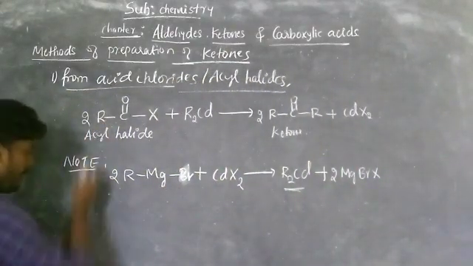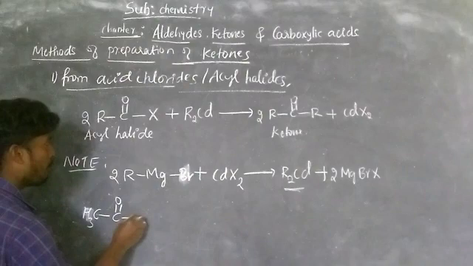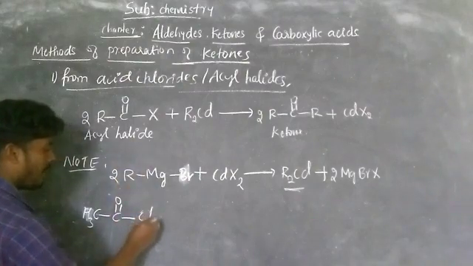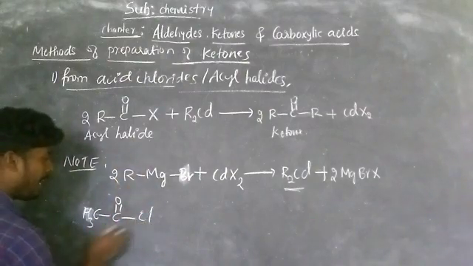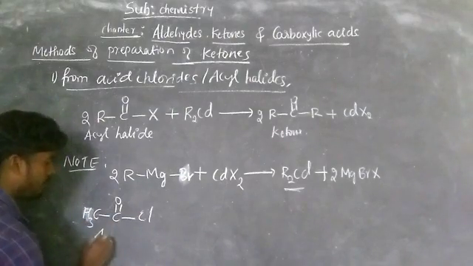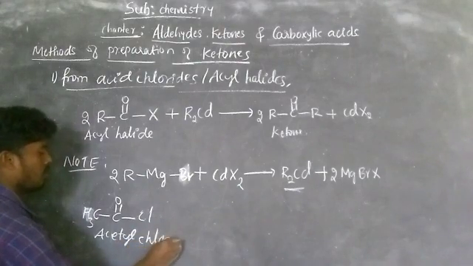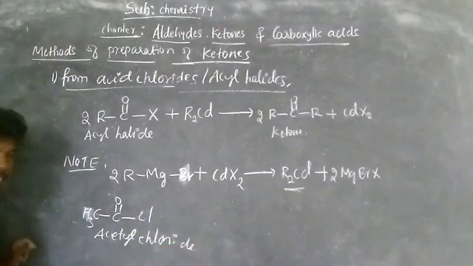Now an example: in place of R take CH3. CH3-C double bond O, in place of X, Cl. What is the name? Sorry, acetyl chloride.